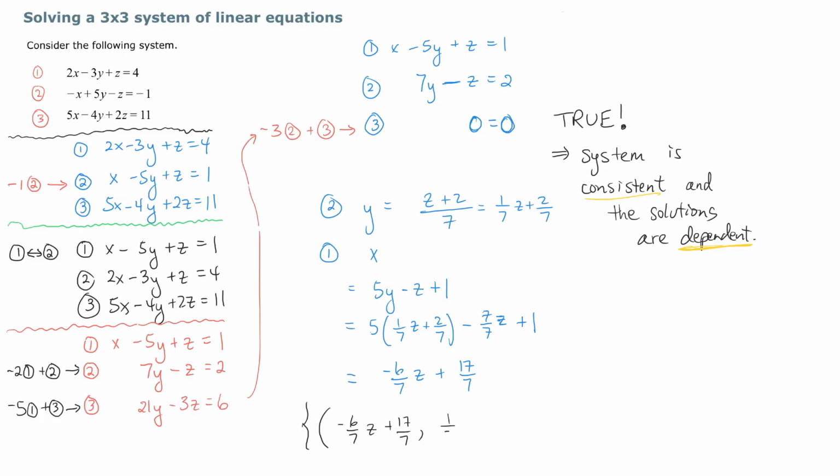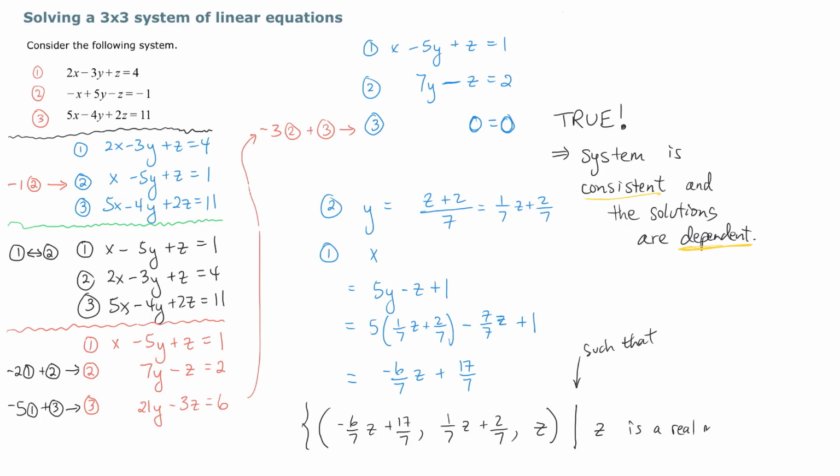Y is 1/7 z plus 2/7. And then what's our last representative? Our last representative is z, parenthesis. Then we write this bar. This bar is read as such that z is a real number.